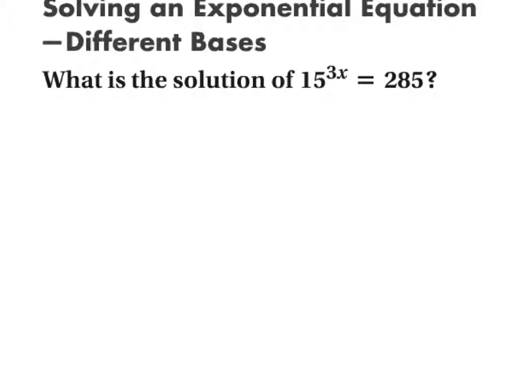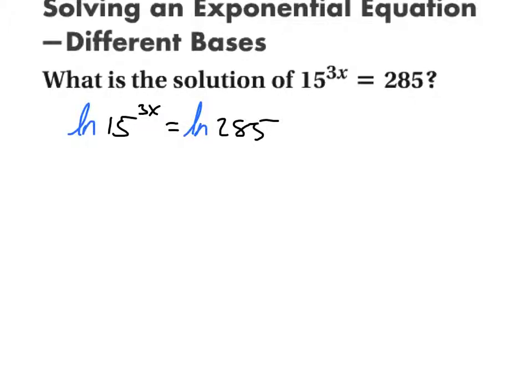So there's no way to make 15 to some power give you 285. So we can't use the original method. We have to go through and take 15 to the 3x power equals 285, and we need to take the log, or take the natural log, of both sides.